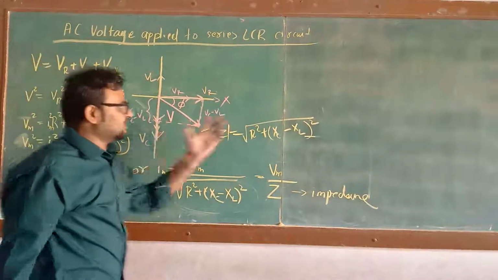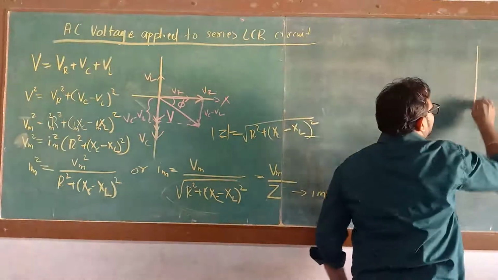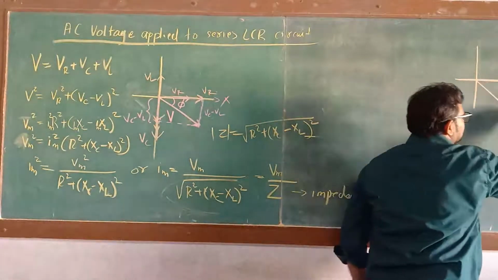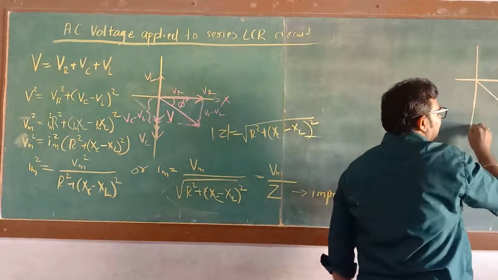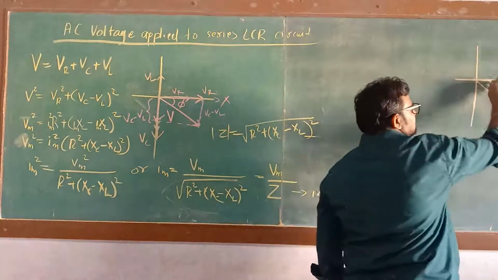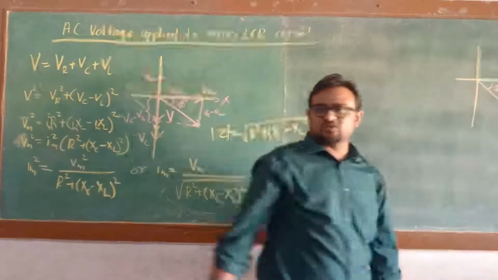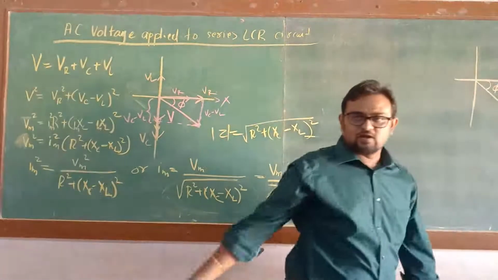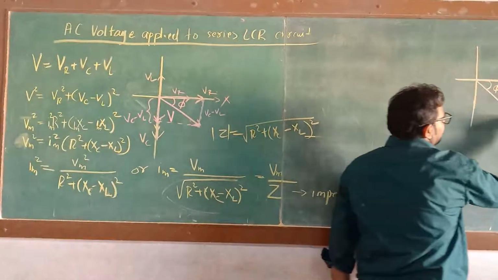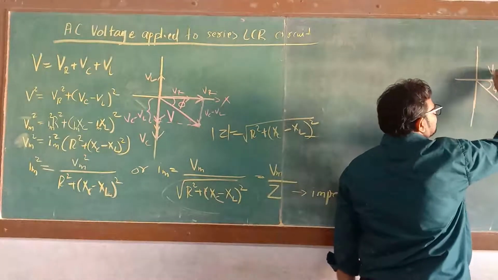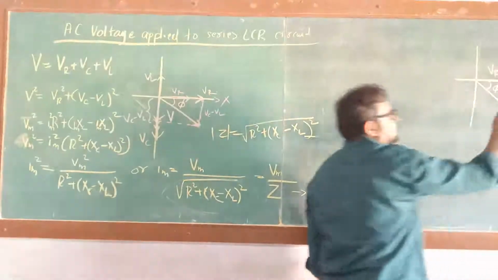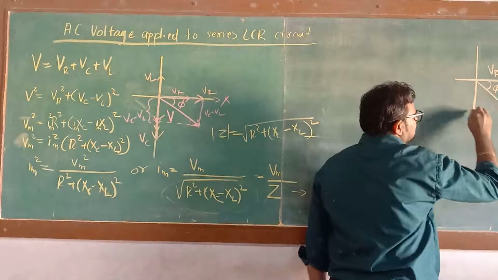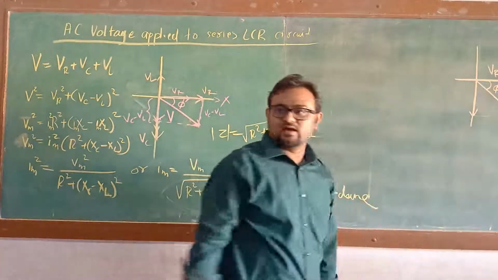Now if I represent it on this side, when there is a current vector on x-axis, the resultant voltage vector will be this, and this is the phase difference between current and voltage. Clear? So if I project it here, this is voltage across resistor in the same direction as that of current, and if I project here, this is voltage across capacitor and inductor.